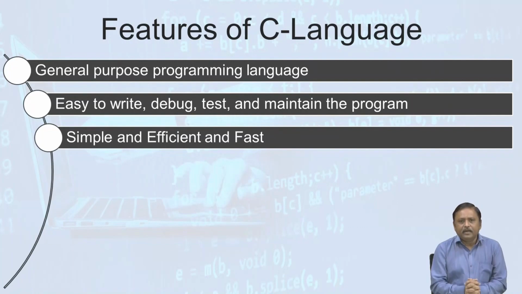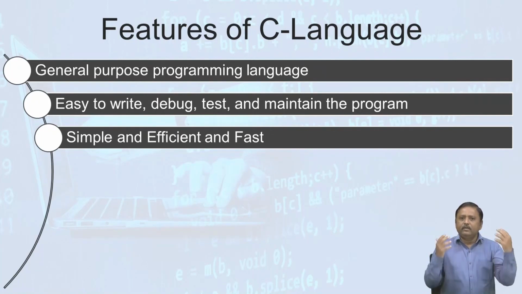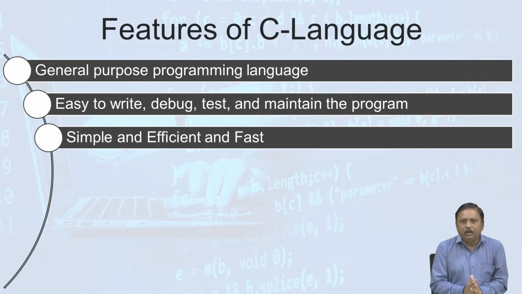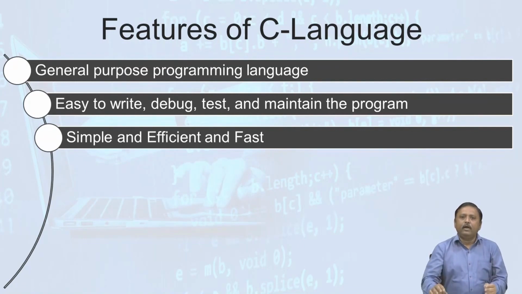Third is C programs are simple. It has a minimal syntax, but the constructs provided by C language are so important that it makes C program efficient and faster for execution.